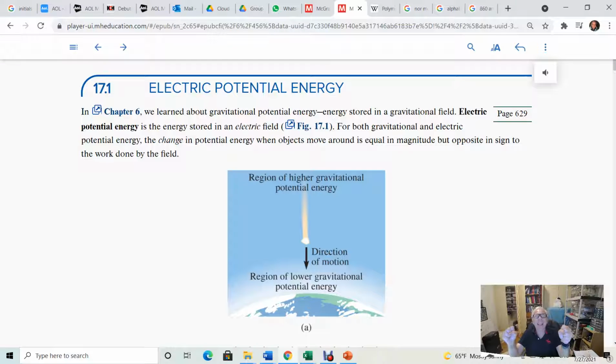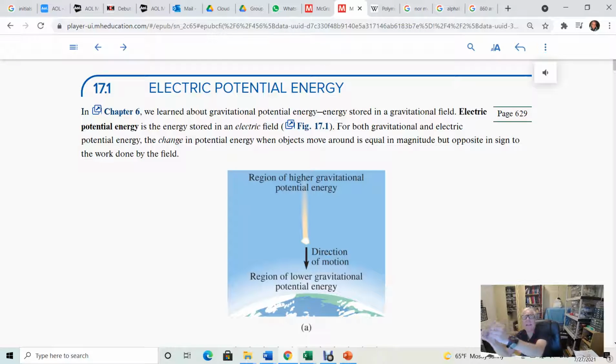Both the electric potential energy and the gravitational potential energy are the energy of the system that you are considering. In the case of the gravitational potential energy, the system is going to be at least two masses.